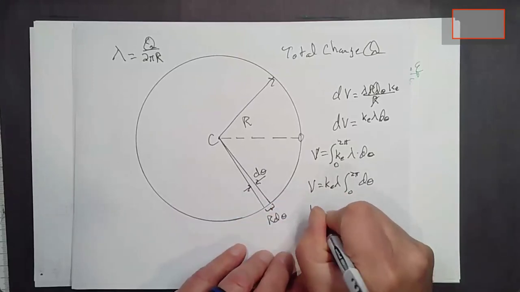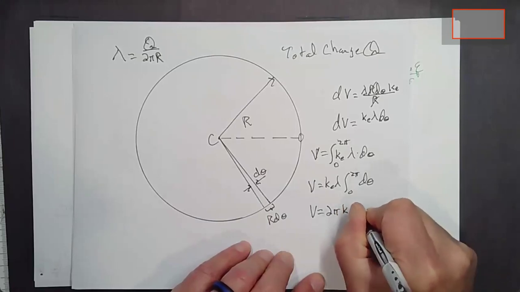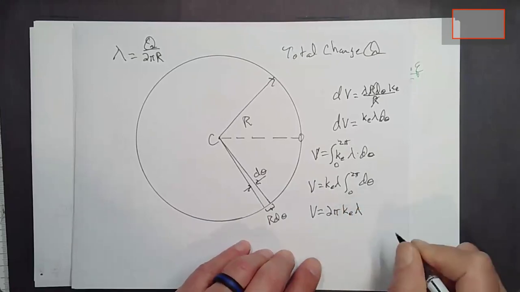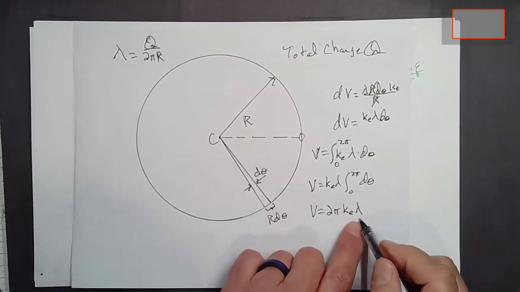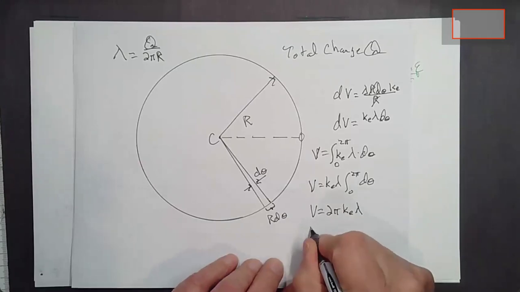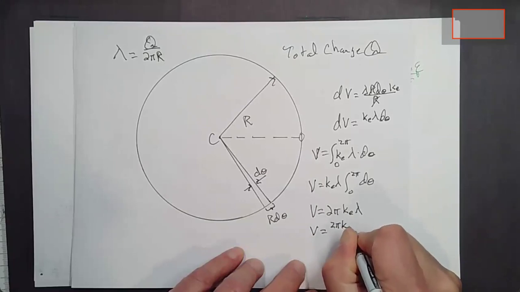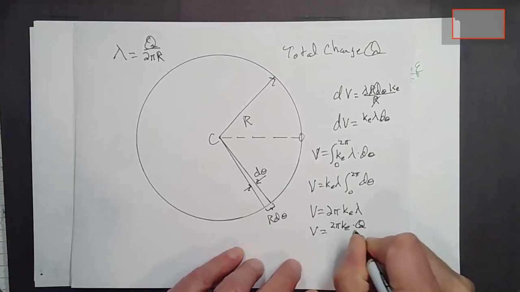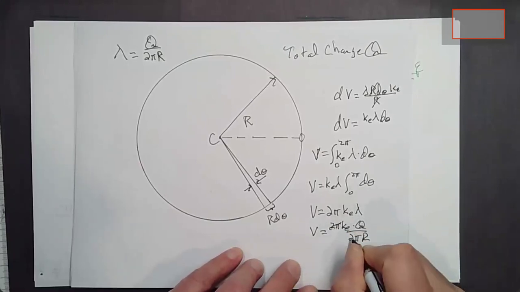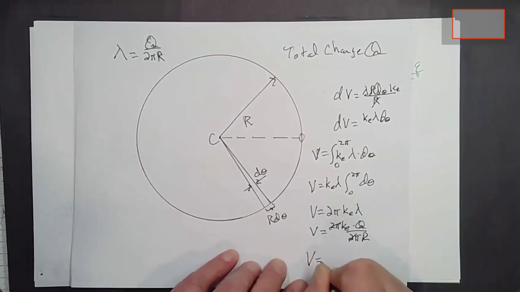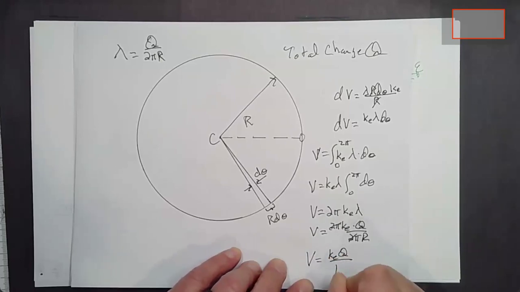So it'll equal 2 pi times k sub e lambda. That's the potential at the center of this thing, but then lambda is q over 2 pi r. So V ends up equaling 2 pi k sub e times q divided by 2 pi capital R. The 2 pi's go away, and I end up with the potential is k sub e q over r.